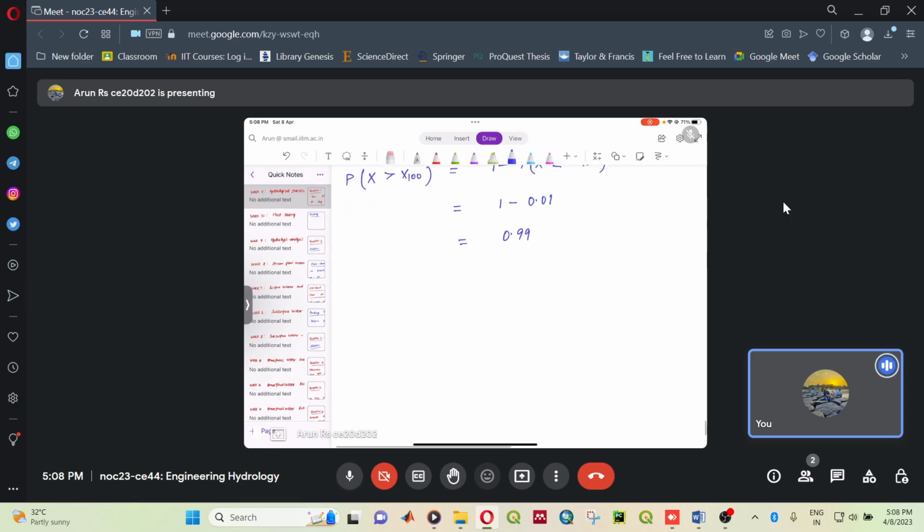So this is the probability. In the standard normal table, we need to look at where the probability is 0.99, and we need to find out the corresponding z value.